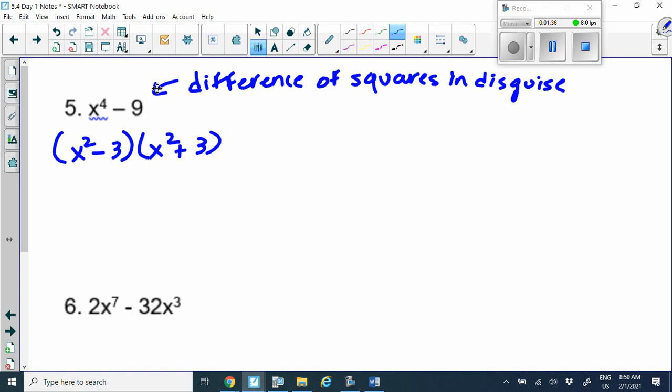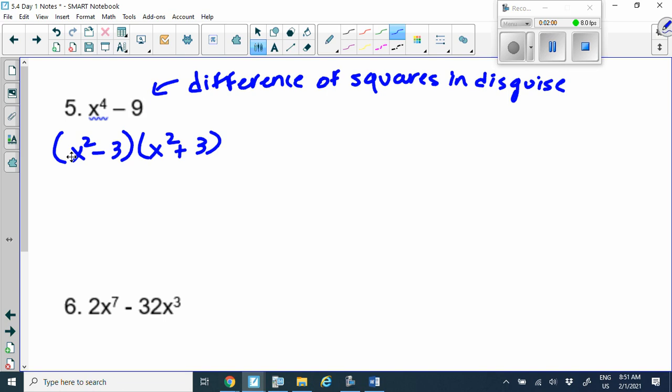Now we need to be careful because we need to see, can we factor any more? Because we have this x squared minus 3, this could be a difference of squares. But remember the criteria. 1, it has to be a binomial. Okay, that checks off. 2, it needs to be subtraction. Okay, that checks off. Now the last one is your a and your c value needs to be perfect squares.